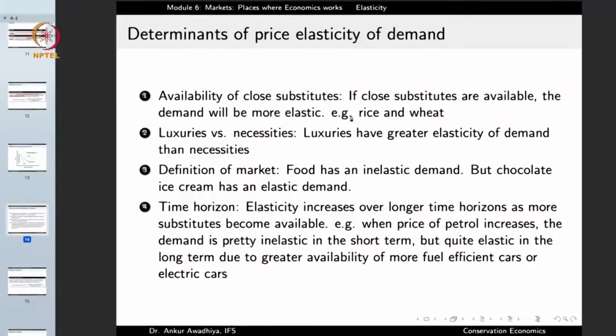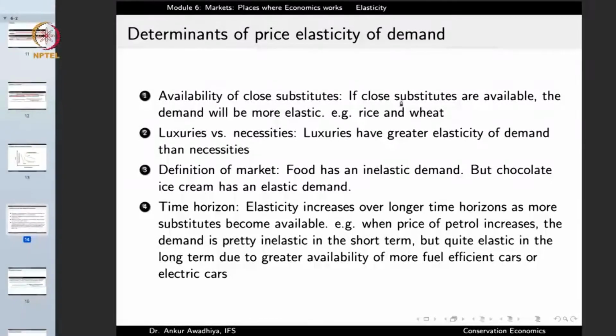Because if you have things such as rice and wheat, rice and wheat are close substitutes. In case the price of rice increases, you can reduce your quantity of rice demanded and shift more towards wheat. So if a close substitute is available, whenever there is a change in price, you can reduce the quantity of that product and shift to its substitute.